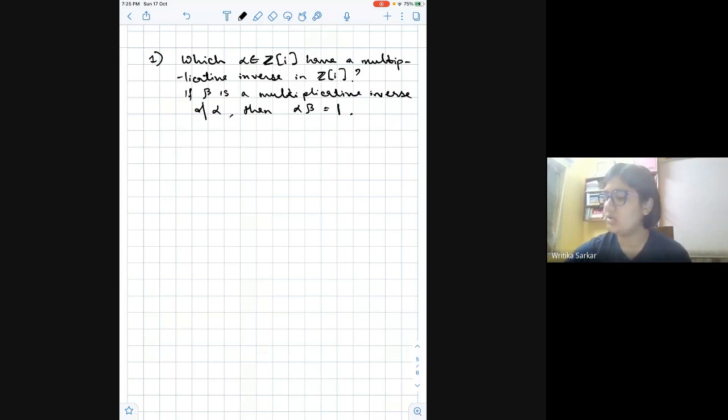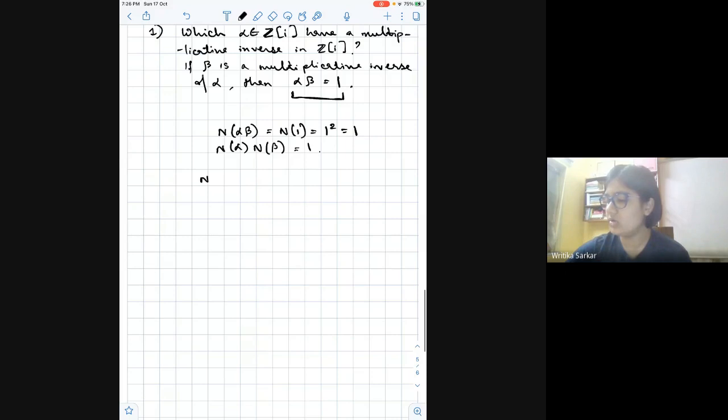To see which numbers actually have inverses, we just take the norm of both sides. So we have the norm of alpha times beta is equal to the norm of 1, which is just 1 squared, 1. And you have here the norm of alpha times the norm of beta is equal to 1.